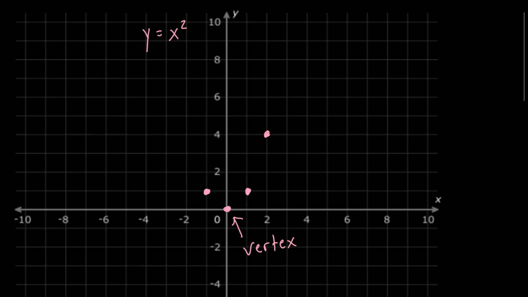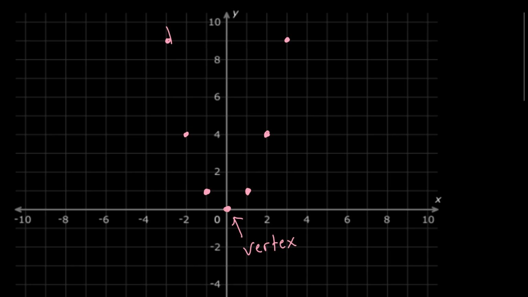And if I'm at negative 2, what's my y value? 4 again. What about an x value of 3? Yes, you get it. My y value is 9. And at negative 3, 9 again.